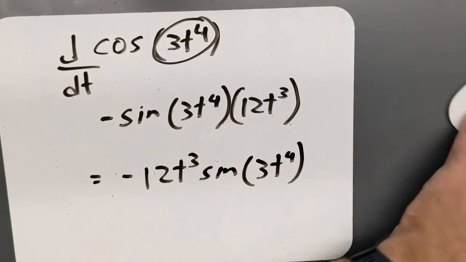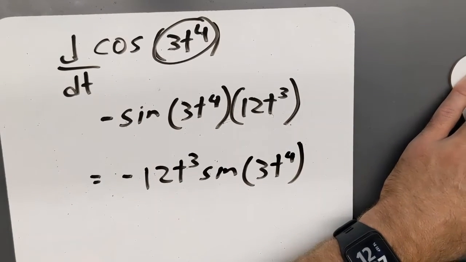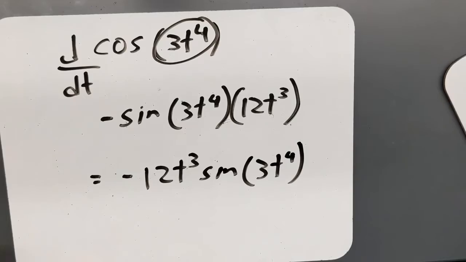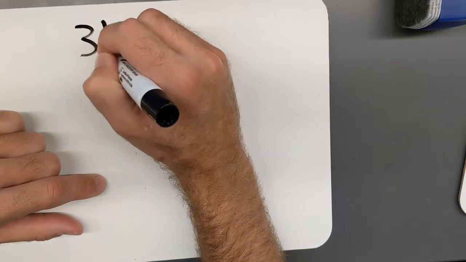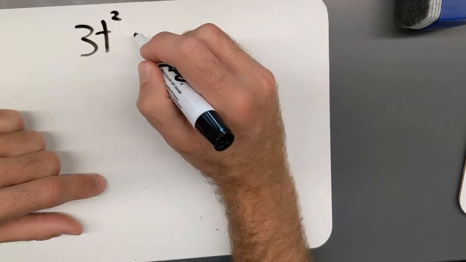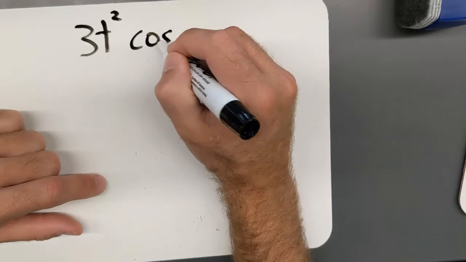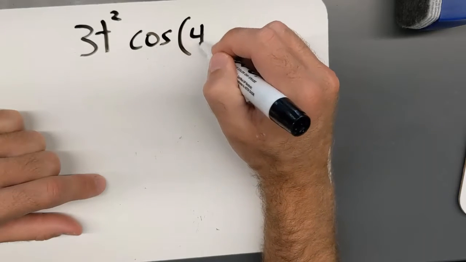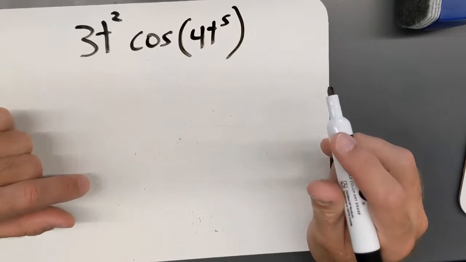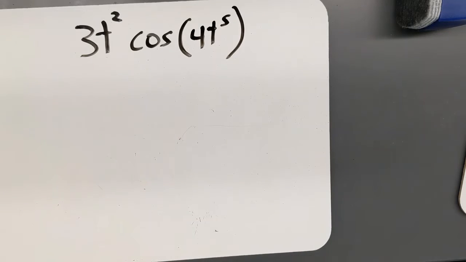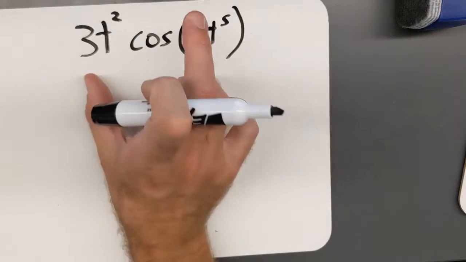Now, if we have a multiple part problem, like let's say we have 3t squared times cosine of 4t to the fifth. Notice that is not our simple formula of cosine or sine. It's a multiple of things.